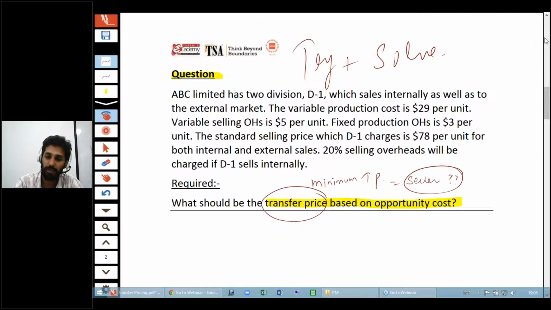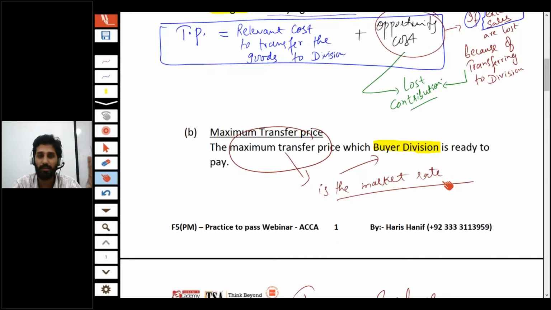Is there any answer? I must open my question box here. Obviously, Mr. Nawal Mushtaq, it is the market rate, or whichever price is lower. For example, if at market rate it is expensive, then definitely I will be purchasing it from you. Obviously, the market rate is the maximum.